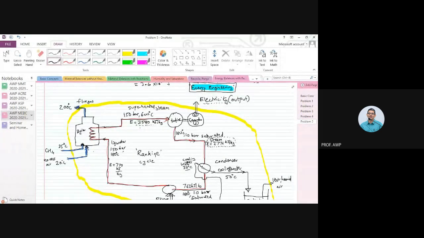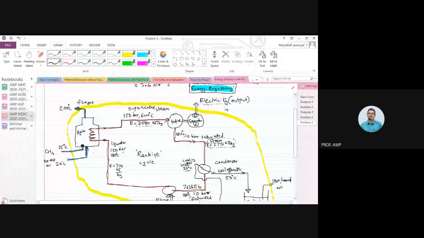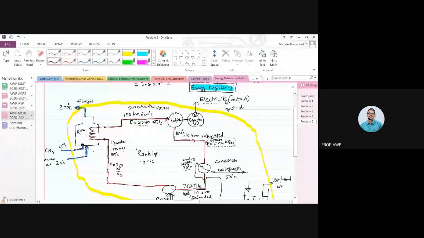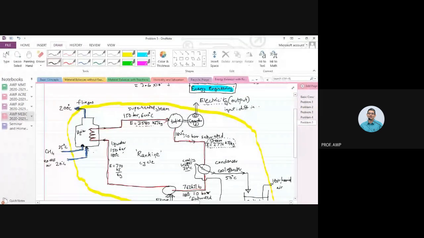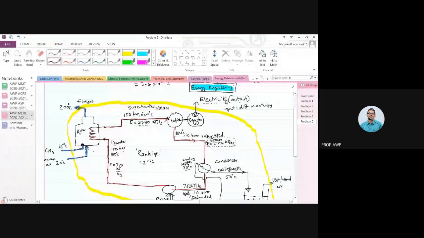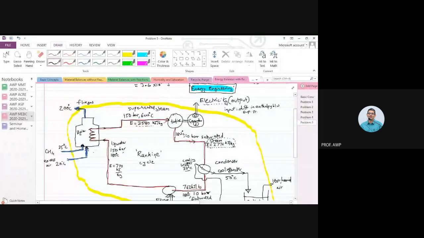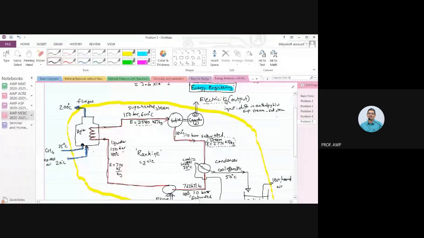So input is the difference in enthalpy between superheated steam, at 150 bar and 600 degrees centigrade, minus saturated steam at 10 bar.